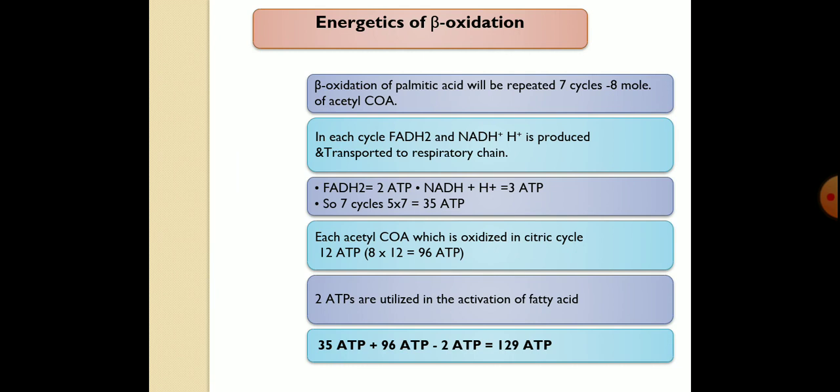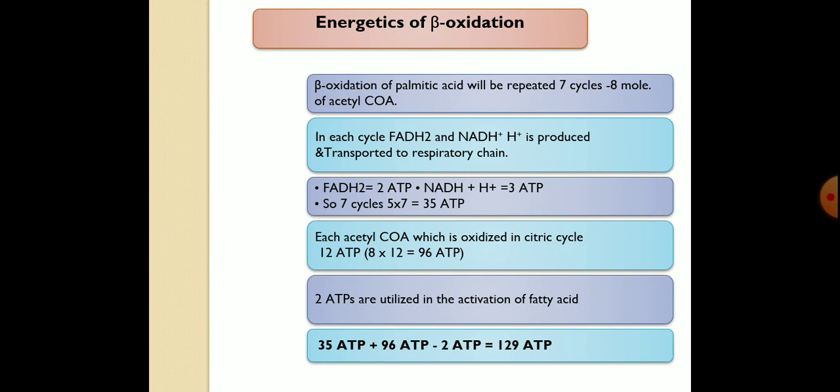Now energetics of beta oxidation. Beta oxidation of palmitic acid will be repeated 7 cycles. That is, there is formation of total 8 molecules of acetyl coenzyme A. In each cycle, FADH2 and NADH plus H plus is produced and they are transported directly to the respiratory chain.